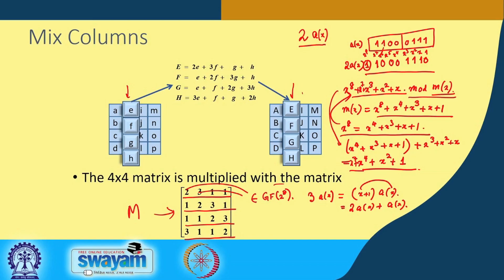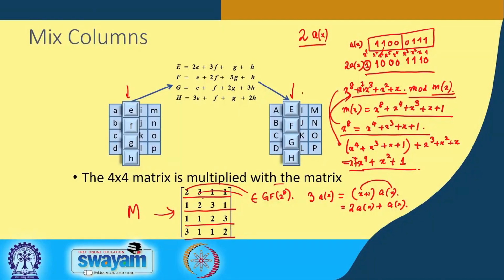So what I mean is that the coefficients are chosen very carefully so that the implementation becomes easy. If you want to do 2 into a certain polynomial, then the result of 3 into that polynomial is easy to obtain, because you can just use 2 into that polynomial and add it with itself, you will get 3 into that polynomial. So you do not need to recompute this basically.